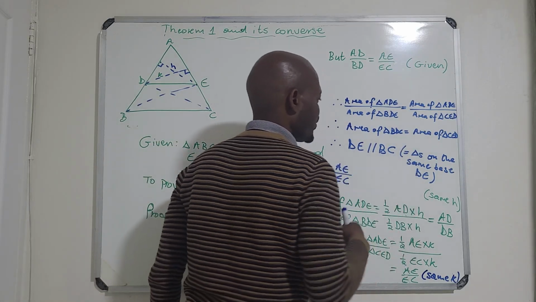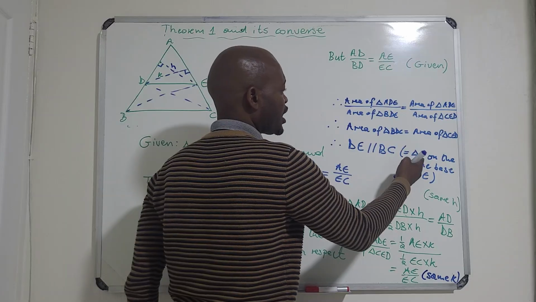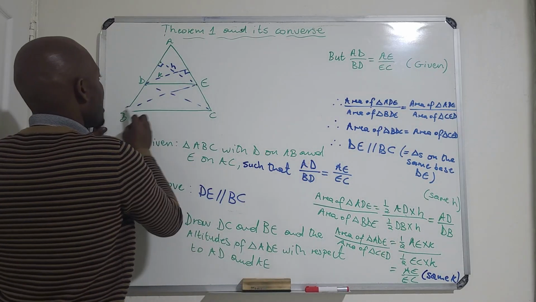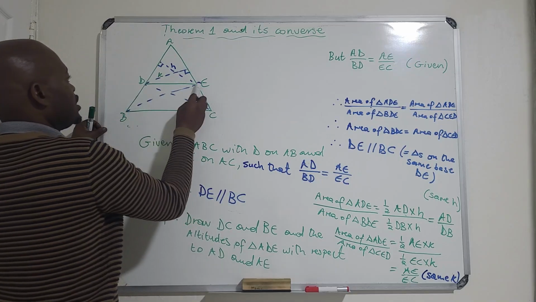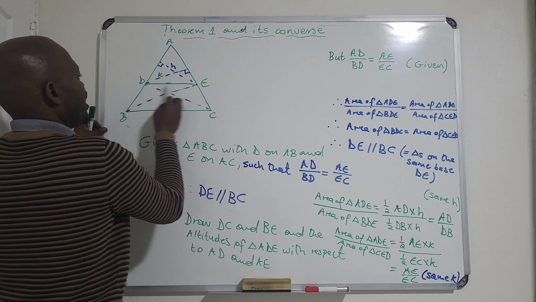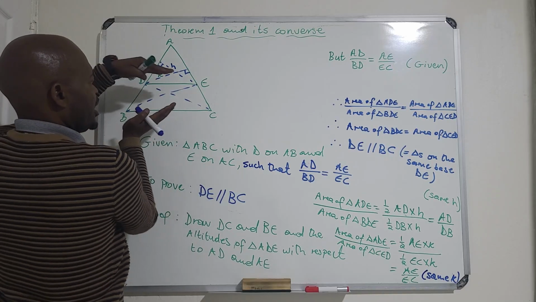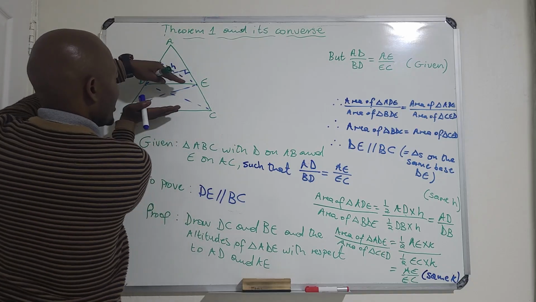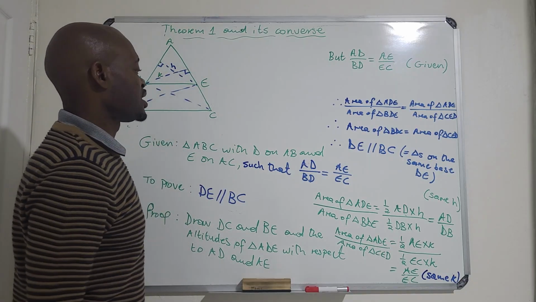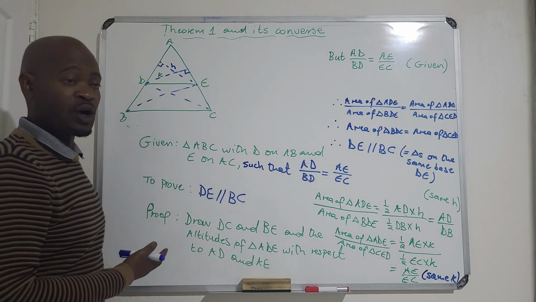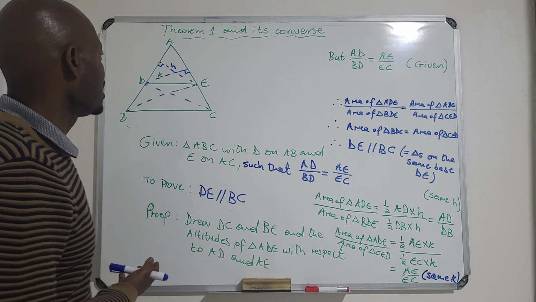The reason for that is equal triangles on the same base. And why are they equal? Because they are on the same parallel lines. Therefore, this is how we prove the converse of theorem number 1.